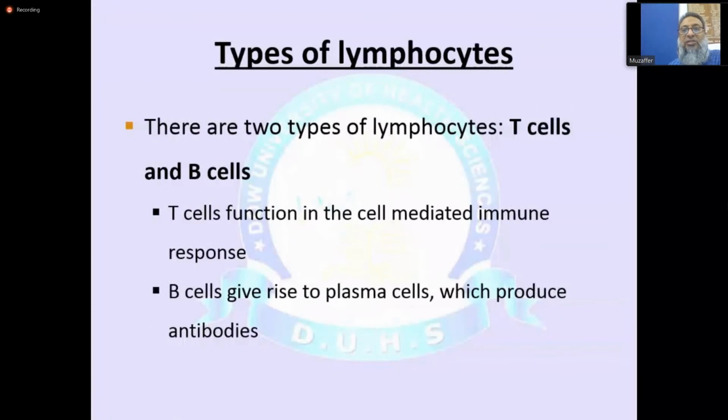If you recall, the cytotoxic T cell contains in its cytoplasm an enzyme known as perforin. This perforin is a hole-forming enzyme. When they invade the microorganisms, they release perforin and form holes inside.